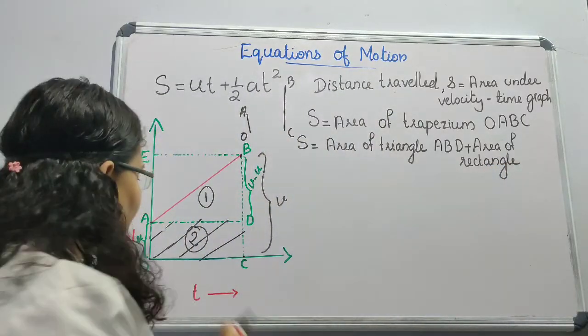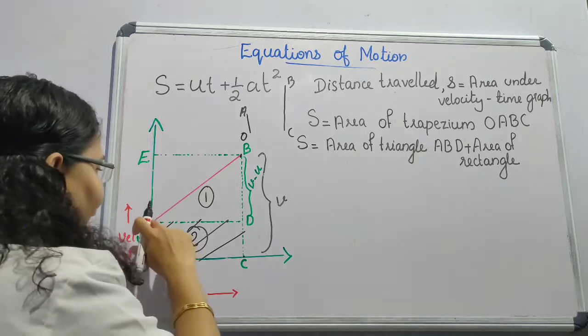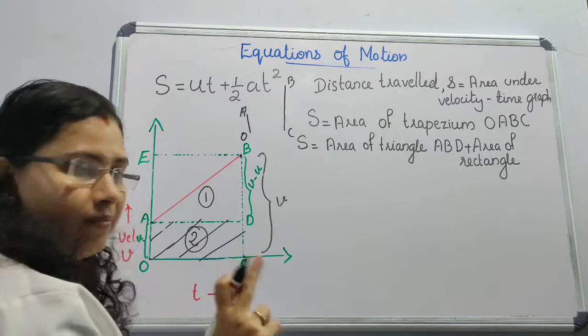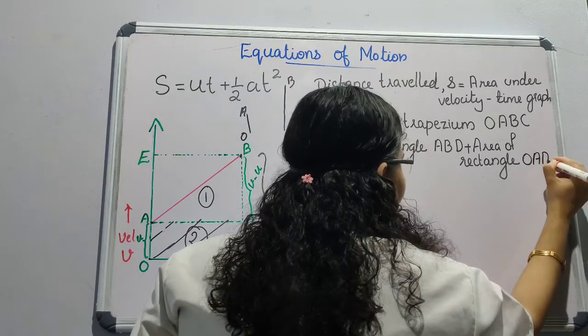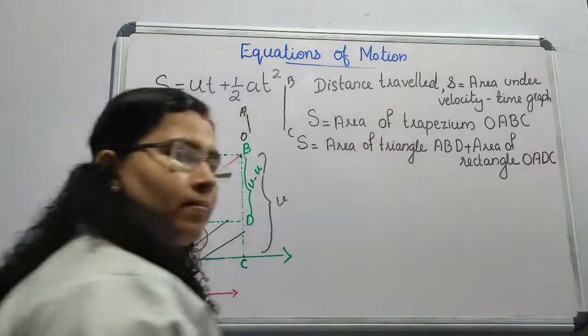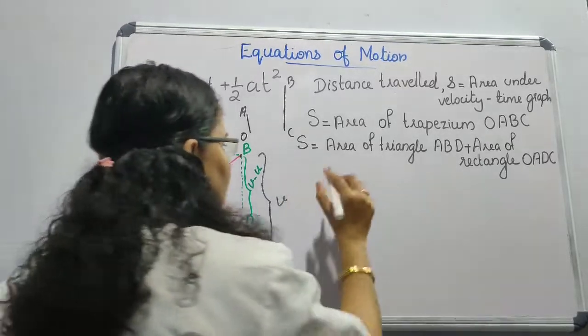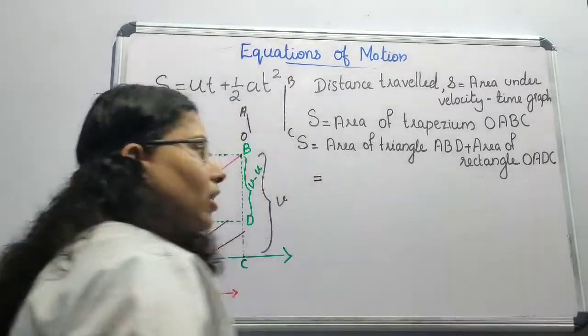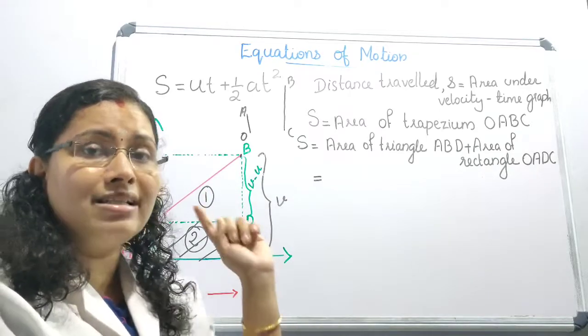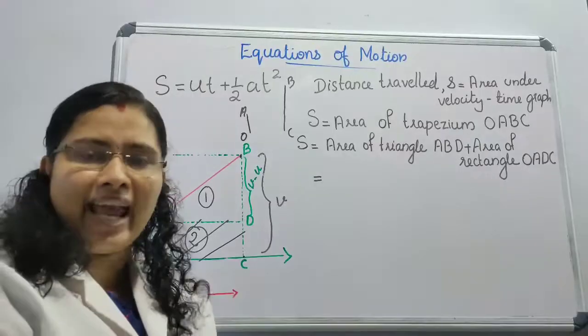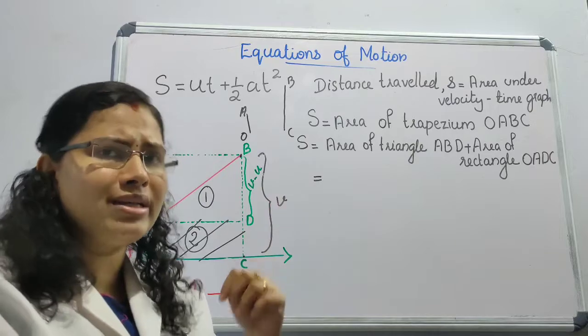What's the rectangle's name? O, A, D, C. I am writing it as OADC. You all know how to calculate the area of a rectangle and a triangle; you have learned that in smaller classes.